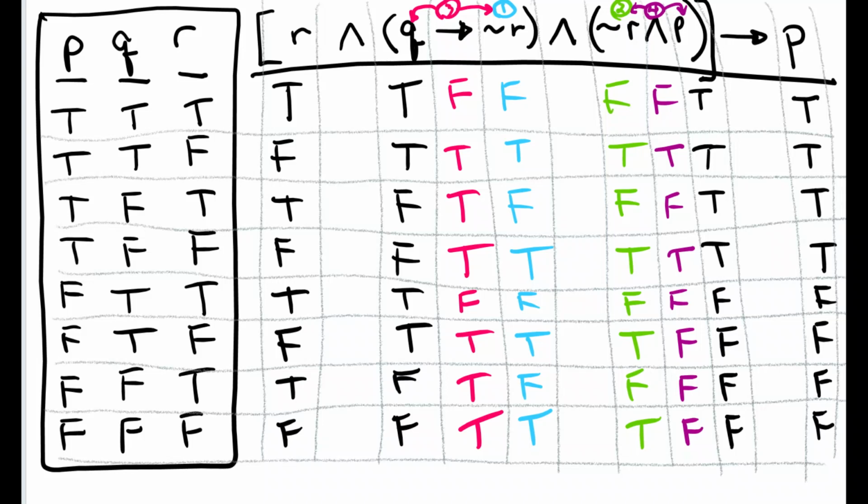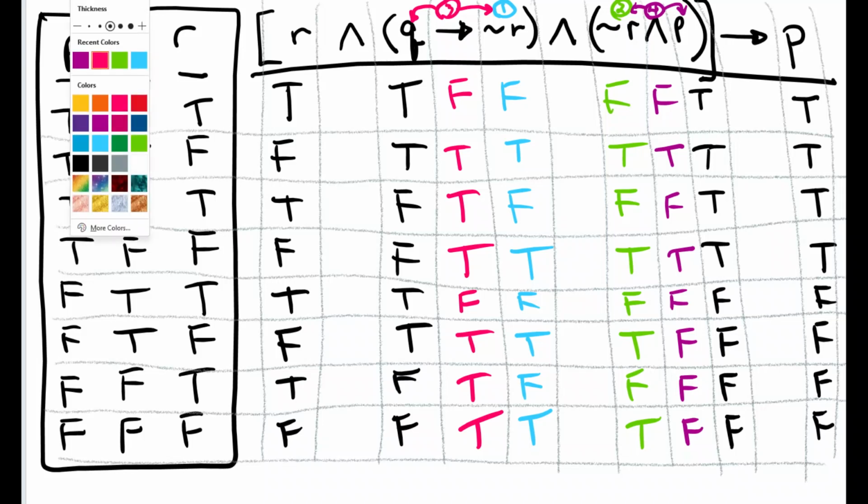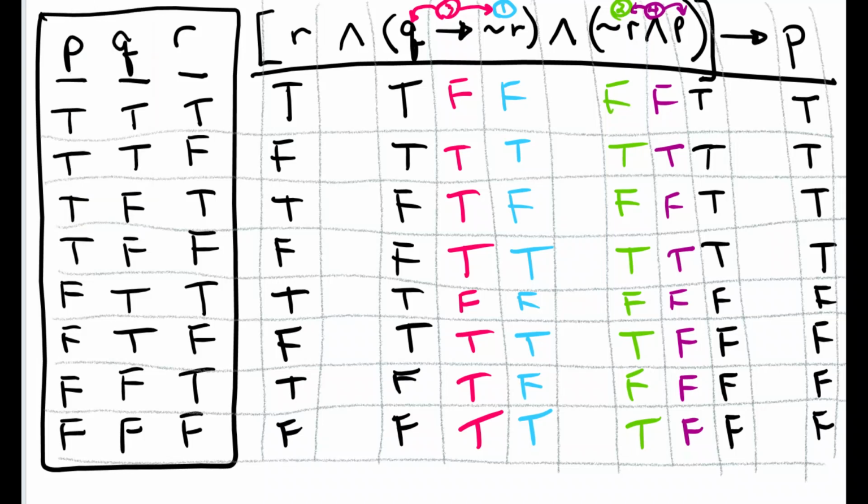Now I have to go back and do the first and. I'll do a dark green with this. To get this one here, it's going to be between the column R here and the last thing I did in these parentheses, which is the pink.